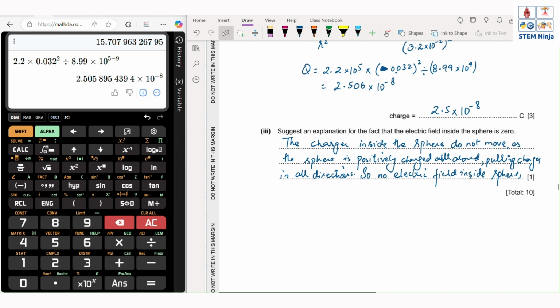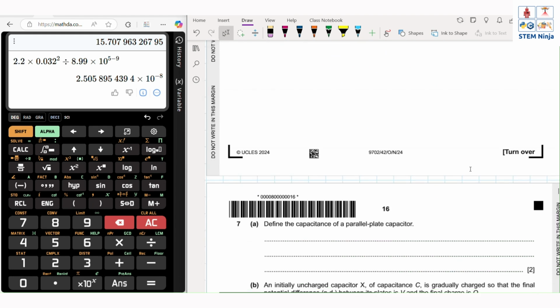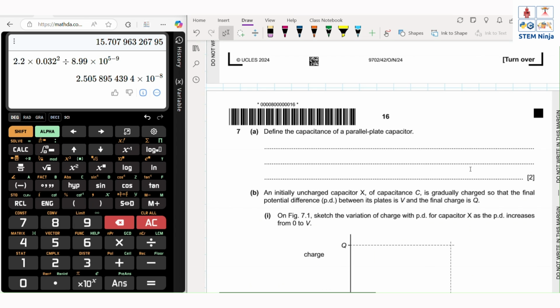All right. Question number 7. Define the capacitance of a parallel plate capacitor. Okay, so this is a very easy definition.